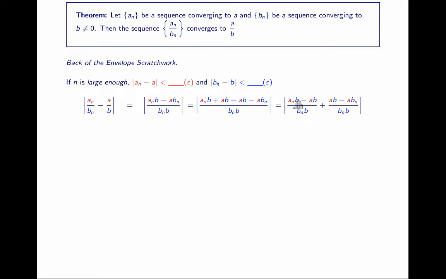So I have a_n B − AB over b_n B. Again, this B and this B will cancel. I have AB − A b_n over b_n B. I can factor out the A, and I'll just have A over b_n B, but times B − b_n, because that's where I want to get, because I can bound that by whatever I want.